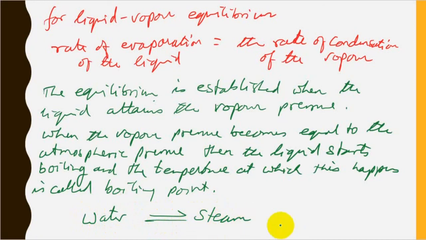The boiling point of water is 100 degrees Celsius or 373 Kelvin, and the pressure has to be 1 atmosphere or 1.013 bar. So under this condition, equilibrium can be established between water and steam.